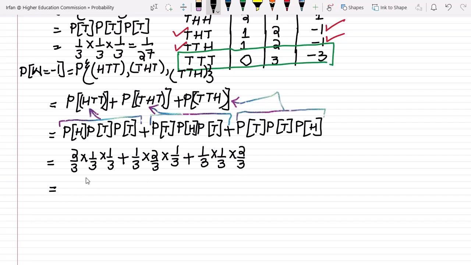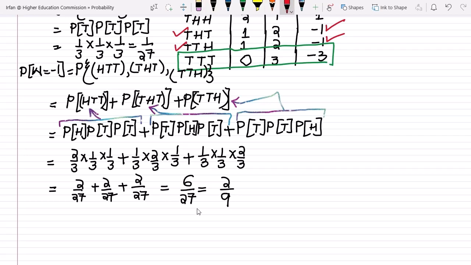Let me calculate them. The denominator would be 27, so 2/27 plus 2/27 plus 2/27. Ultimately we will get 6/27, which is also 2/9.